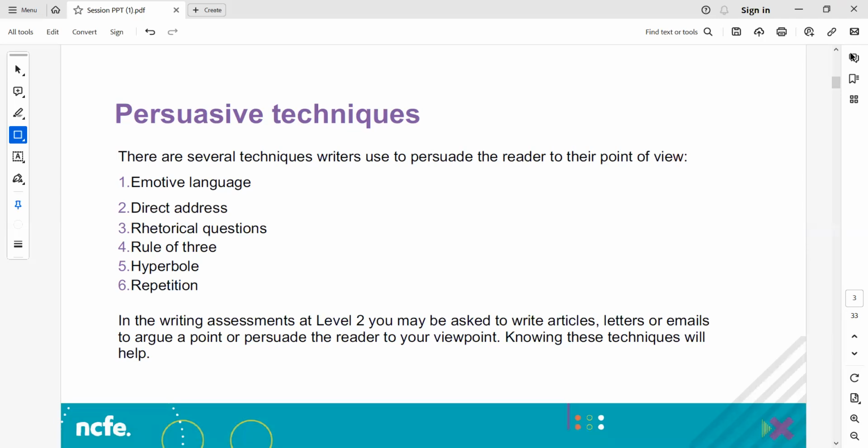Those are things we have looked at before in the reading and writing sessions, but we're going to look at them in some more depth today. So in the writing assessment for level 2, you might be asked to write articles, letters, emails to argue a point or persuade the reader of your viewpoint. So knowing how to use these techniques will enable you to get the maximum marks for your writing.